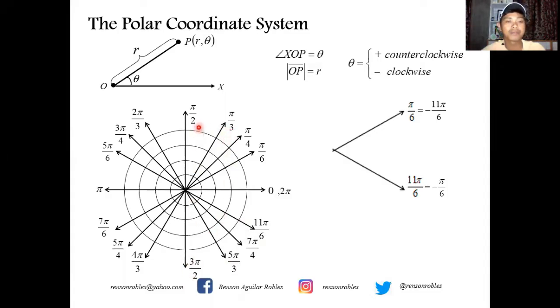Similarly, your pi over 2 is your negative 3 pi over 2, and your 3 pi over 2 is the same as negative pi over 2. However, pi and negative pi will terminate on the same side, as with 0 and negative 2 pi, which will terminate on the same side.